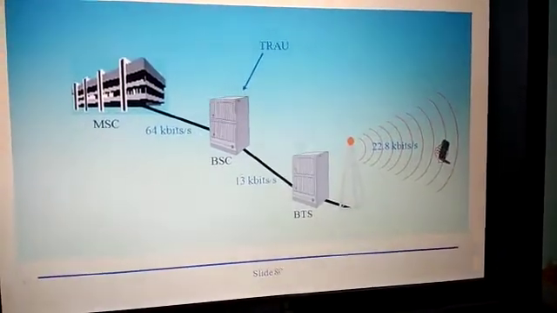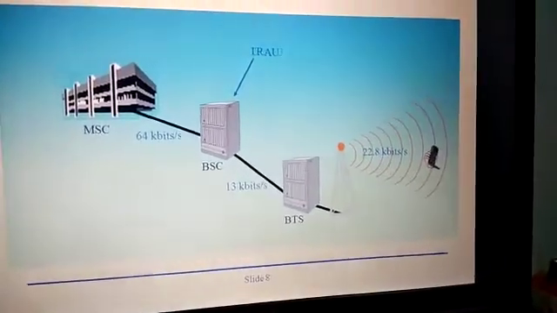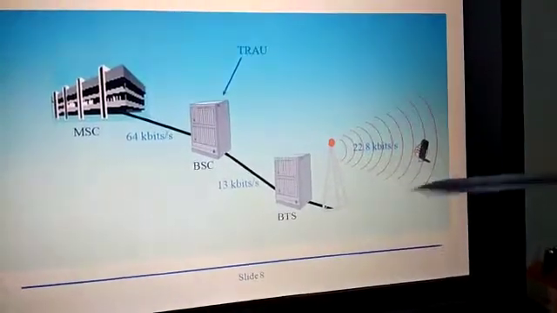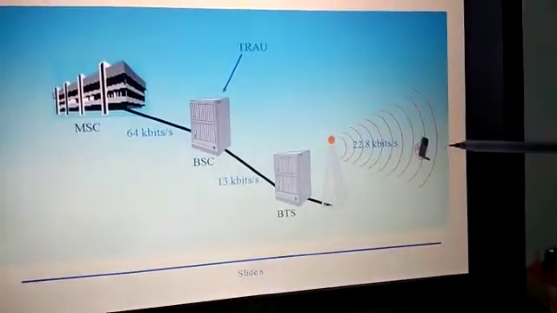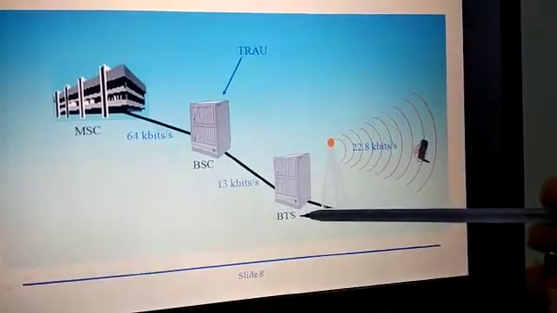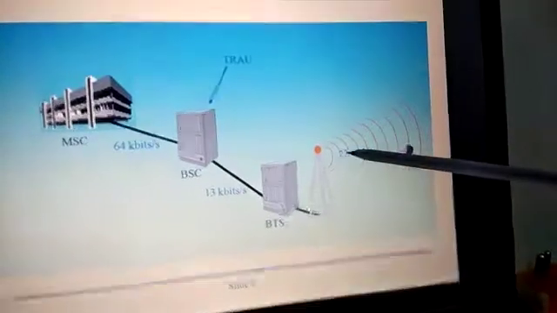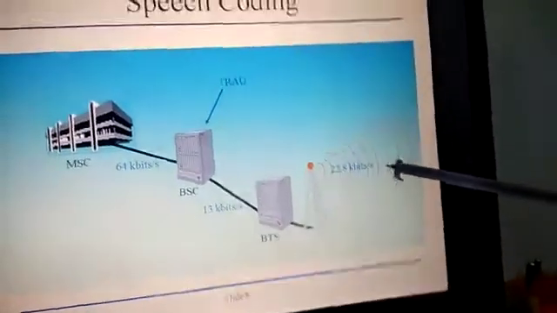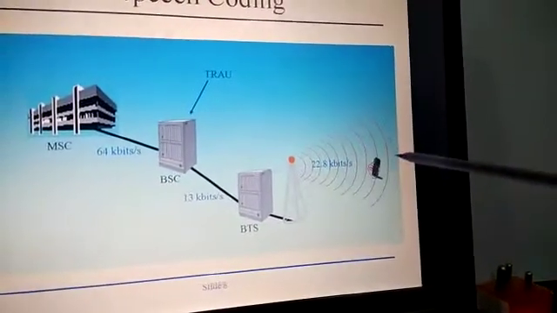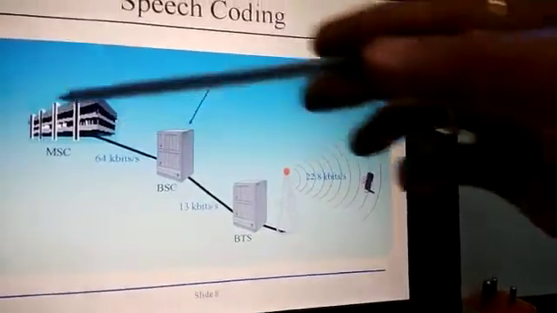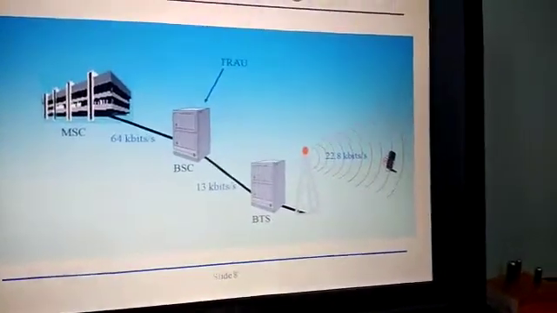Each BTS covers a very defined area. This defined area covered by the BTS is known as a cell. The transfer between the base transceiver station and the mobile is 22.8 kilobits per second. Through the antennas this will pass. So speech coding is processed this way in the complete network.